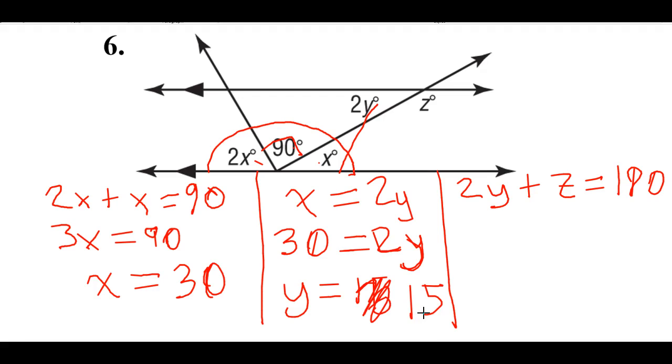And then if y is 15, we have 2y here, which would be 30, plus z equals 180. So we subtract 30 from both sides to solve that.